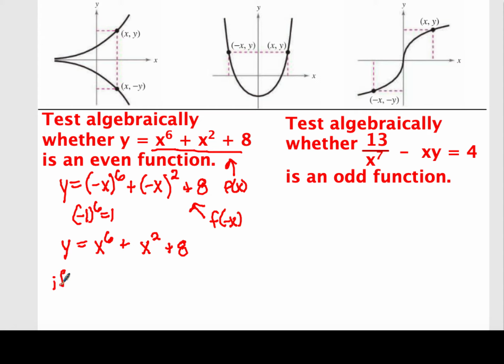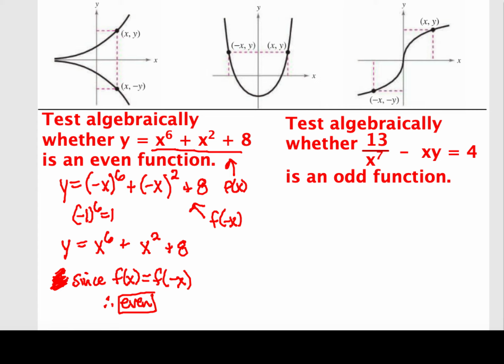Since f of x equaled f of negative x, therefore this is an even function. And we've proven that, again, plugging in a negative with that x changed nothing.